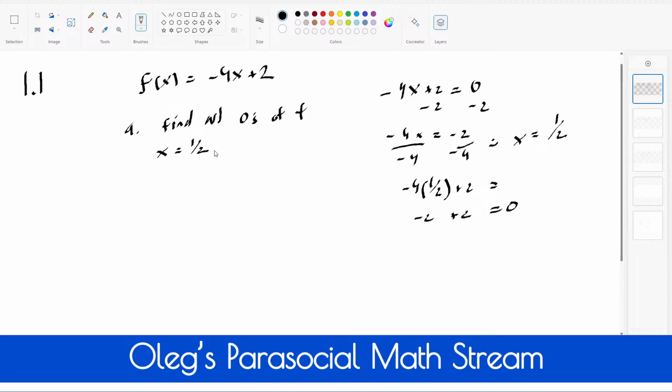Okay, B, find the y-intercept if there is one. The y-intercept is y given by our formula, so we want f of 0.